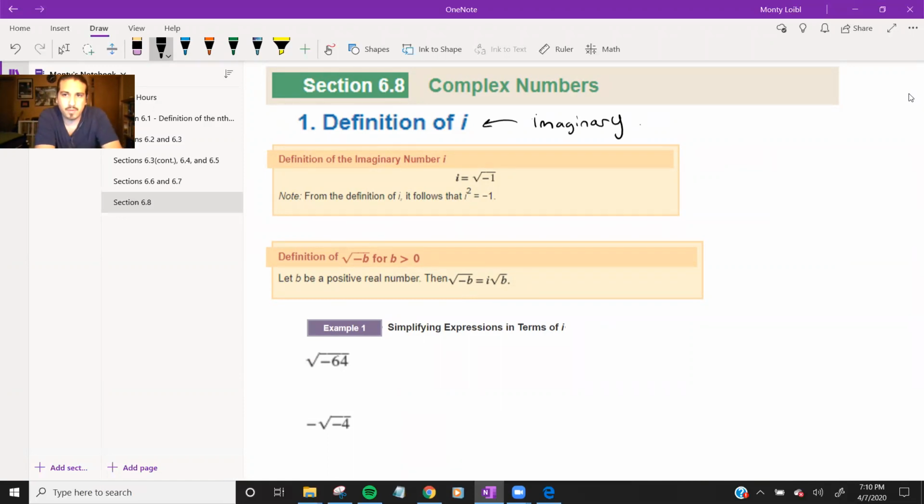So imaginary numbers can be found, and this isn't really relevant to the lesson, but it's nice to know kind of where you'll see them: in circuits. Boy, I don't know if I spelled that right. Yeah, I don't know if that's spelled correctly, but they can be found in circuits.